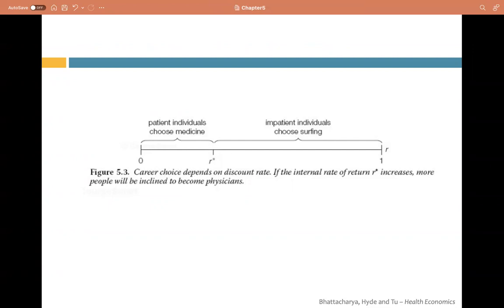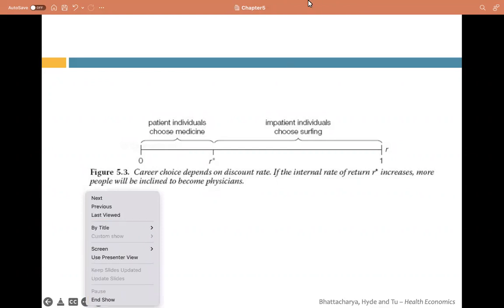A person's discount rate, r, is between 0 and 1. If r is larger than r star, which is the internal rate of return that makes the person indifferent between the two choices, then this person is impatient and is going to choose serving. I do believe there's a typo here.